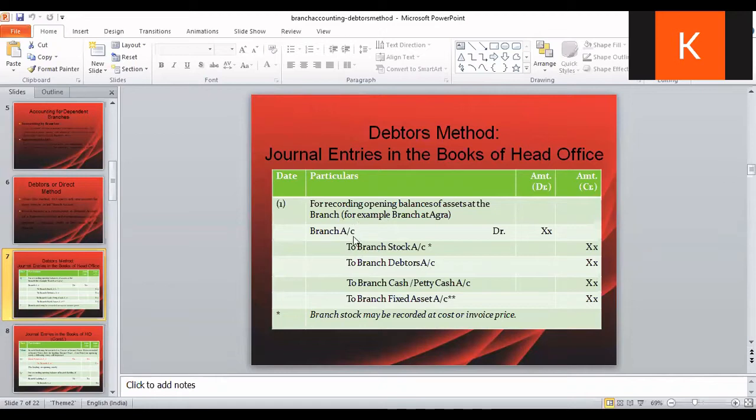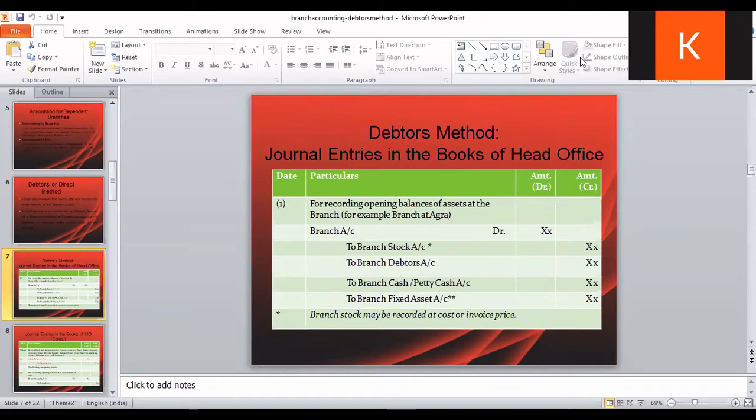If there is a debtors, we'll write to branch debtors, to branch cash, fixed asset, and so on. Is the entry clear? First entry, recording opening balances of assets. Yes or no? Yes, sir.